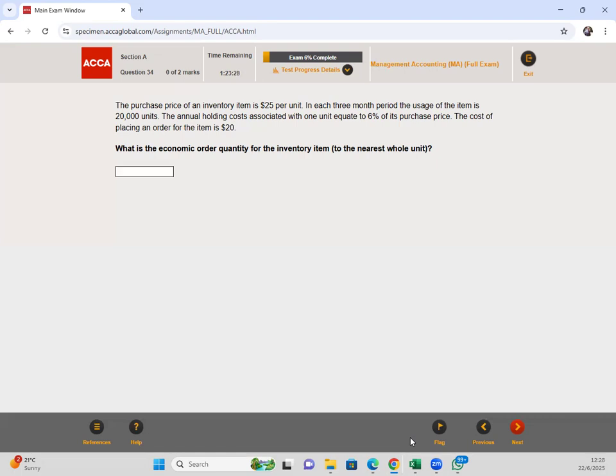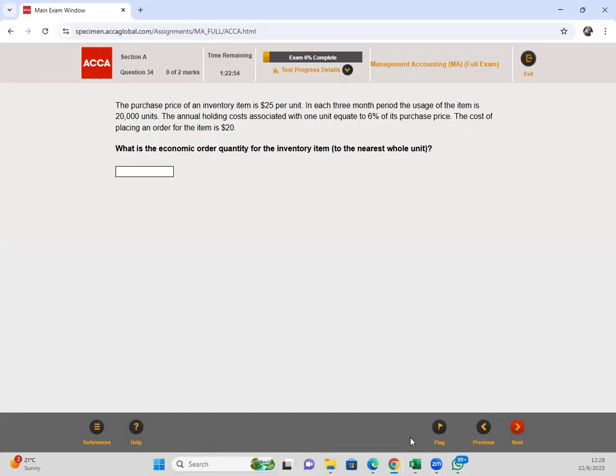Remember, D is the demand for the year. The CO is given: the cost of ordering is 20, given in the last statement. The demand is the annual demand. The question says that in each 3-month period the usage is 20,000 units.